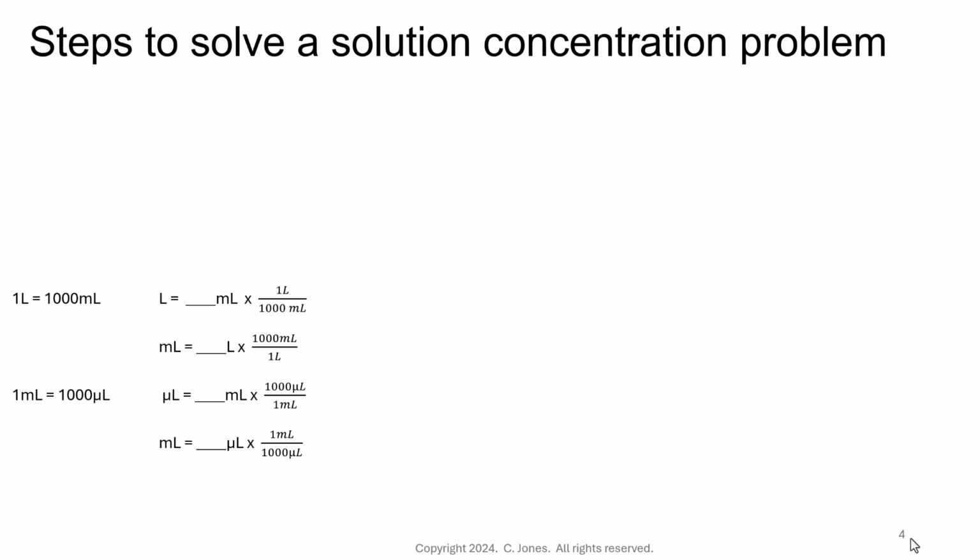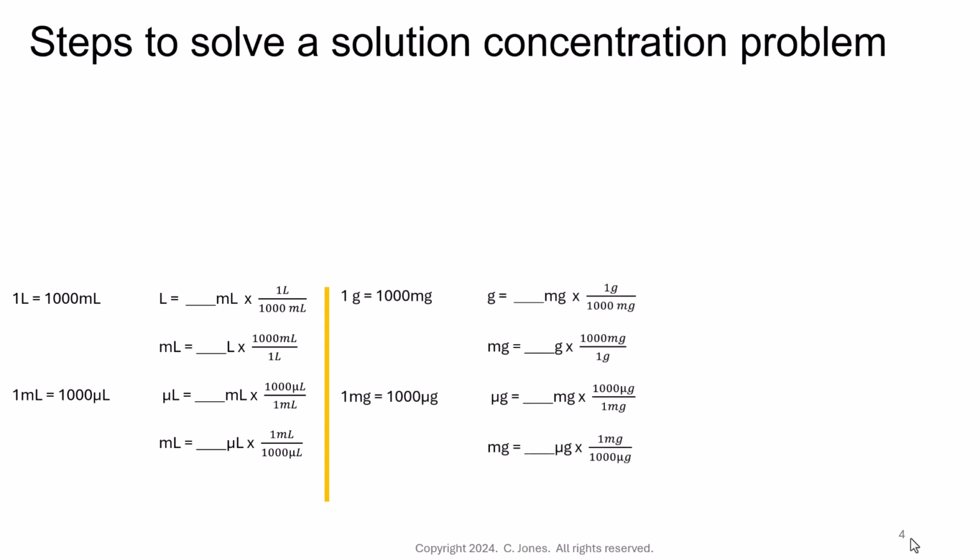This is how we interconvert liters and milliliters, and milliliters and microliters. This should be something that you are quite comfortable with by the time you complete whatever program you are in. The same thing goes for grams to milligrams or milligrams to micrograms.